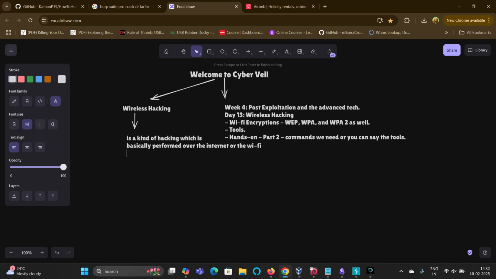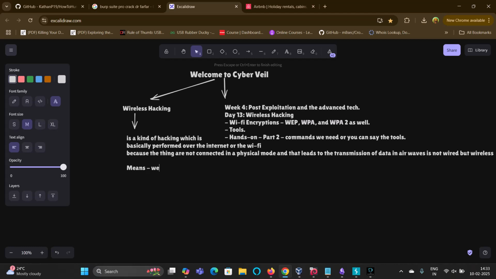Why Wi-Fi or internet? Because things are not connected in a physical mode, and that leads to the transmission of data in airwaves. Airwaves are not wired but wireless, and that is what wireless hacking is.